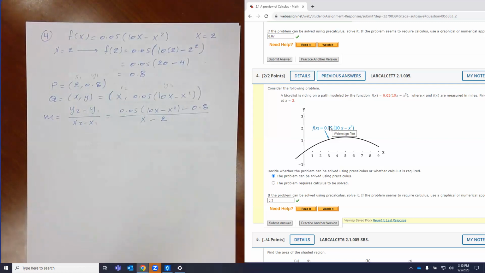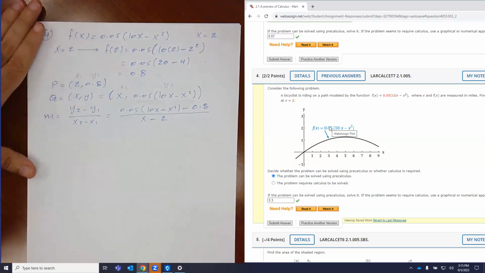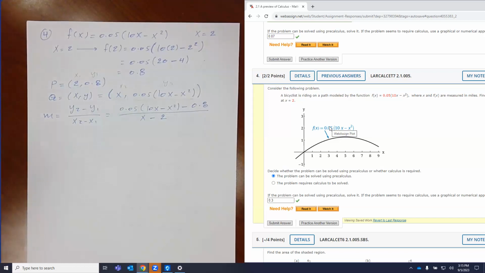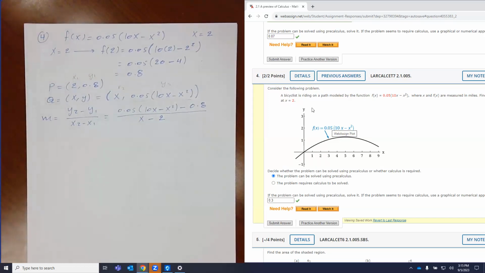Now, the next step, we just need to simplify until we find the slope. And again, this problem you can solve by using calculus.